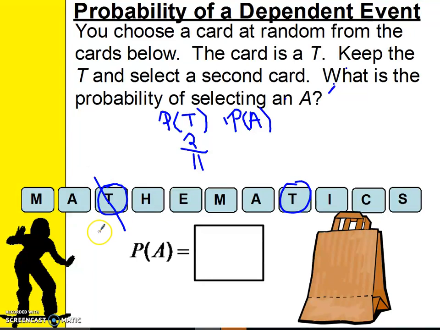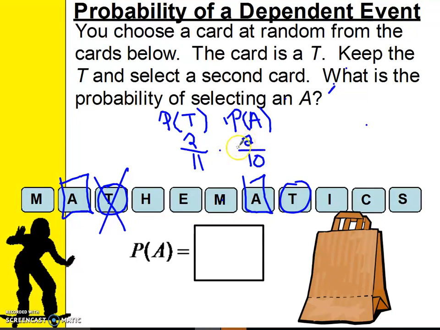One of the T's is now gone. We've kept it. Now we're looking at the options for A's. So for the A's, I have 1 A, 2 A's, but out of a total of 1, 2, 3, 4, 5, 6, 7, 8, 9, 10.